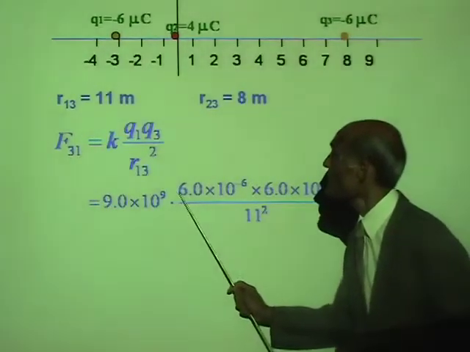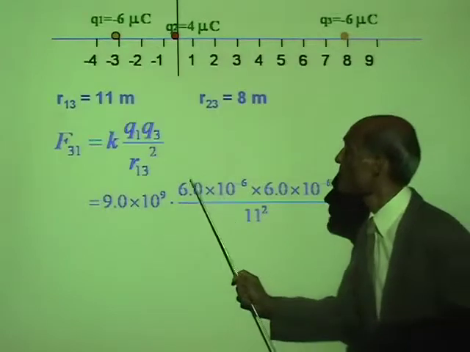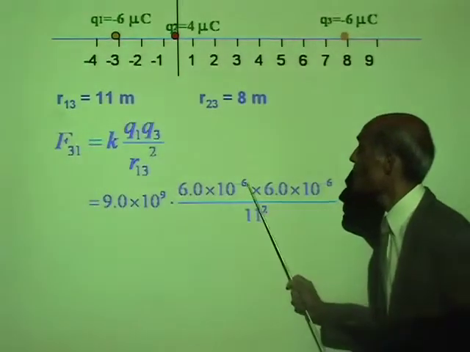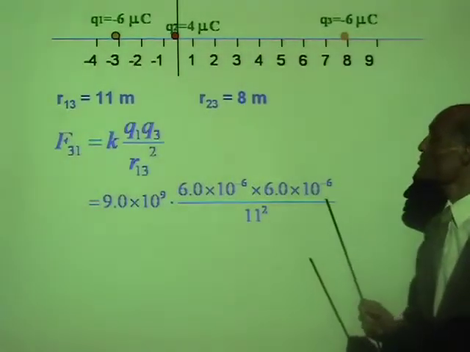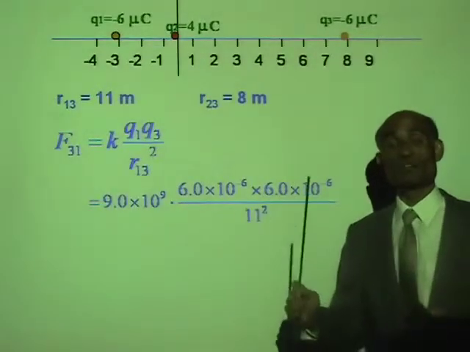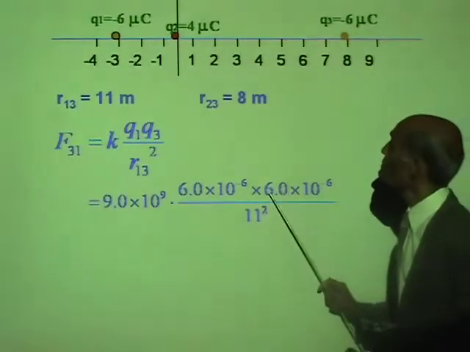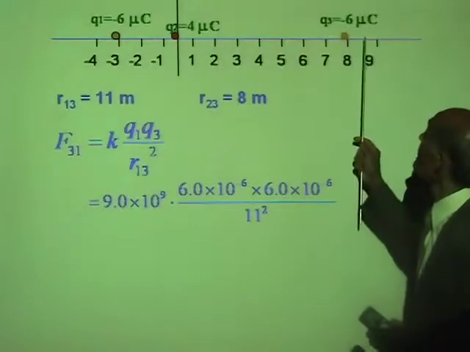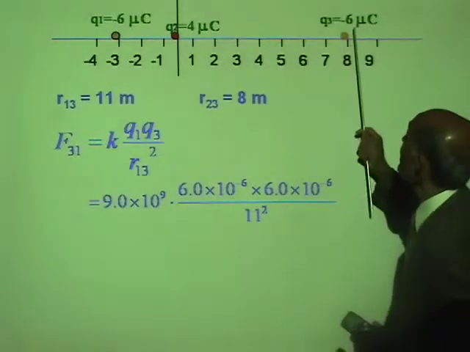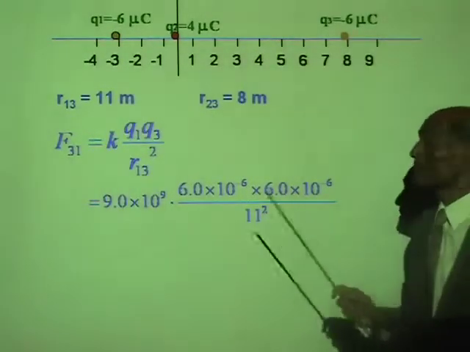So the magnitude of Q1 is 6 microcoulomb. Write it as 6 times 10 to the negative 6 coulombs. That's the proper unit. And Q3 is also negative 6 microcoulomb.